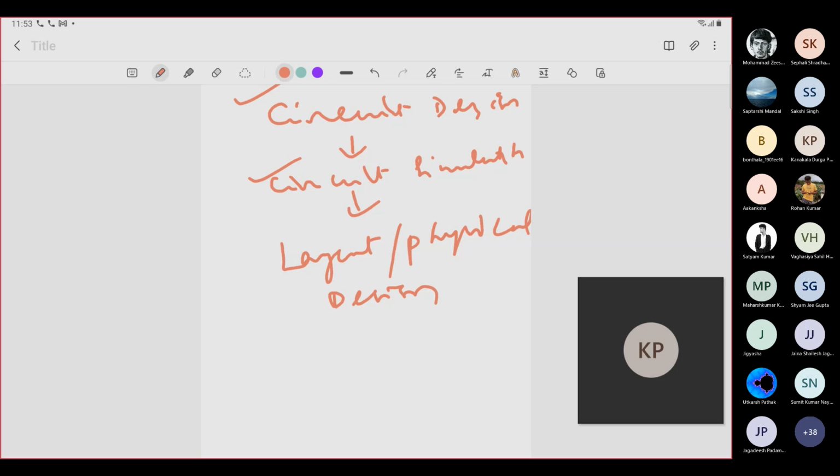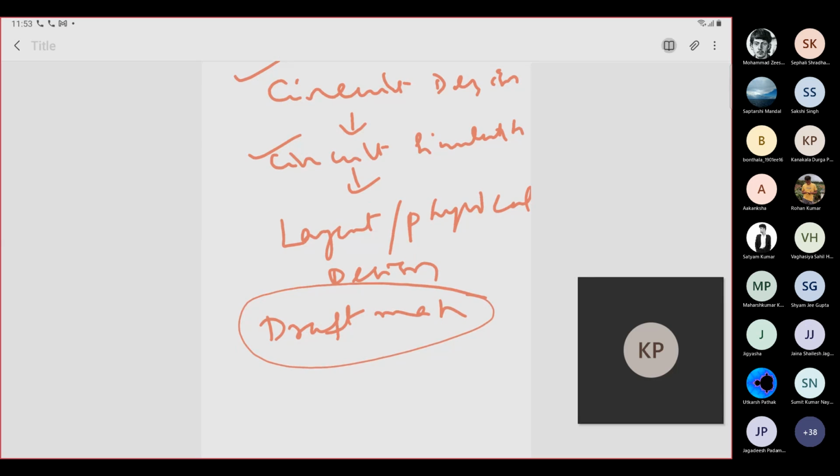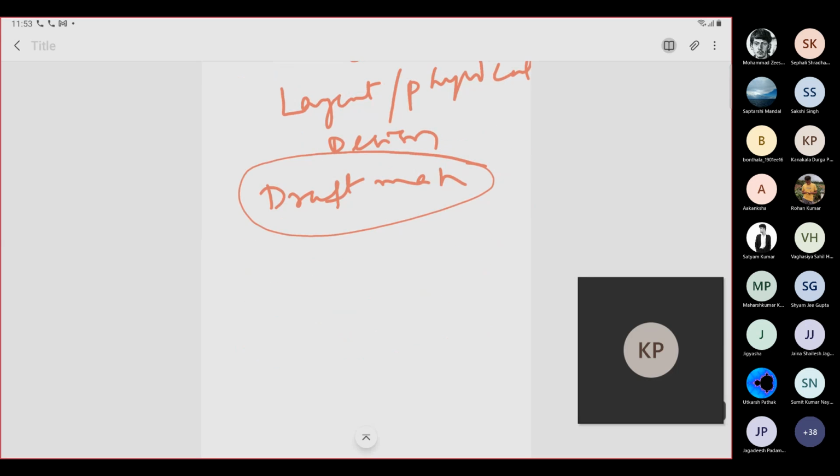To avoid this time consumption, people take the help of an expert called a draftsman. You might have heard about this expertise. The draftsman's job is to reiterate and play with the lines.